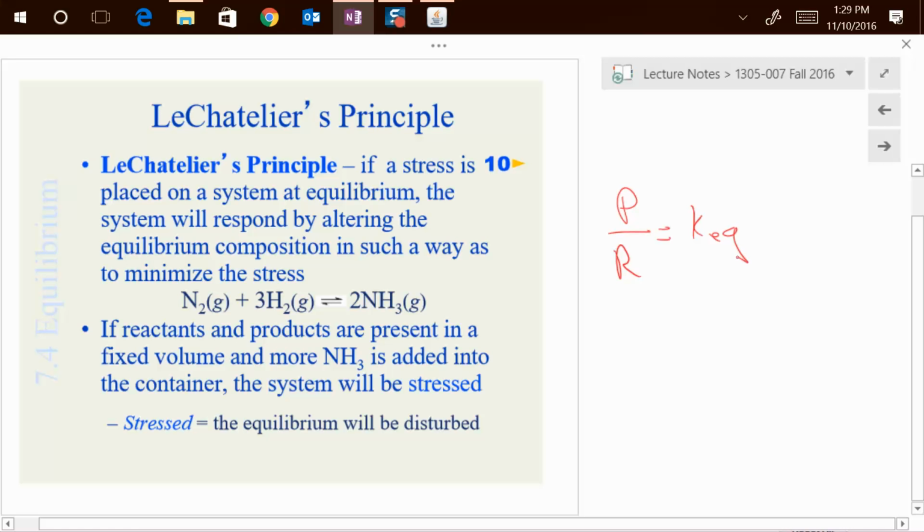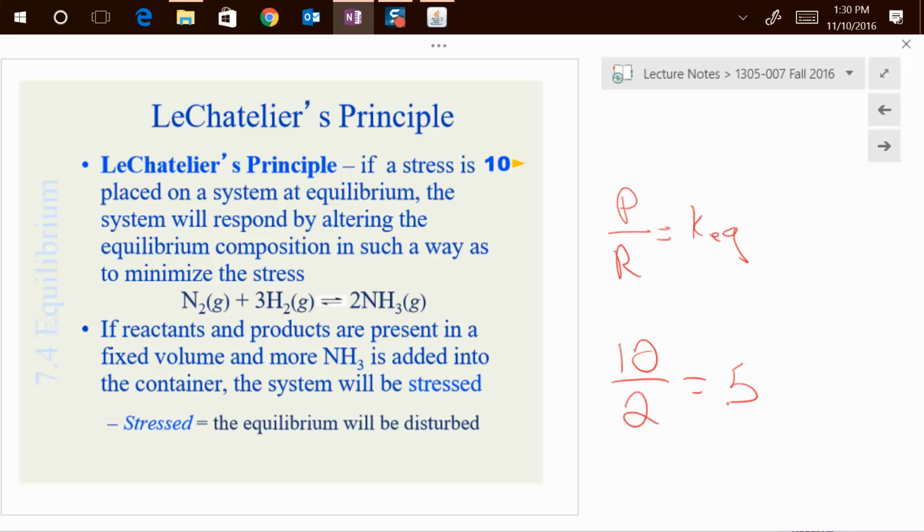Let's say my products are 10 and my reactants are 2. So my KQ is 5. Now let's say we increase the concentration of the reactants. It's at equilibrium, it's all happy. Its KQ is 5.